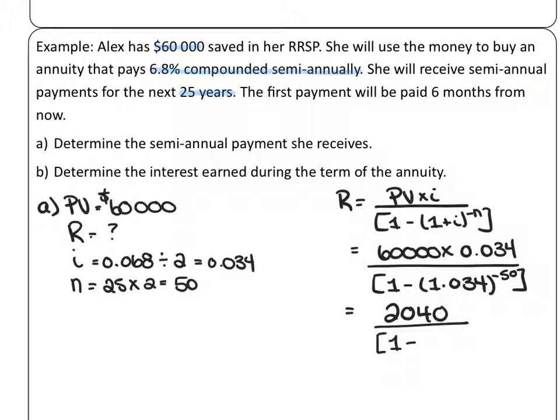Make sure you put a negative on that exponent. I get 0.187920025. We'll subtract that and then we will divide.